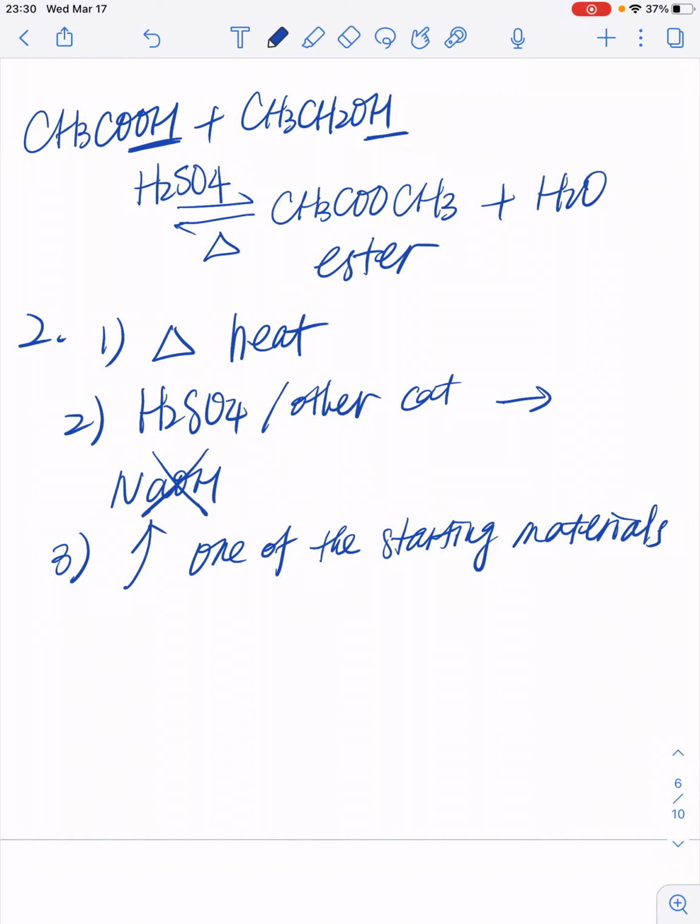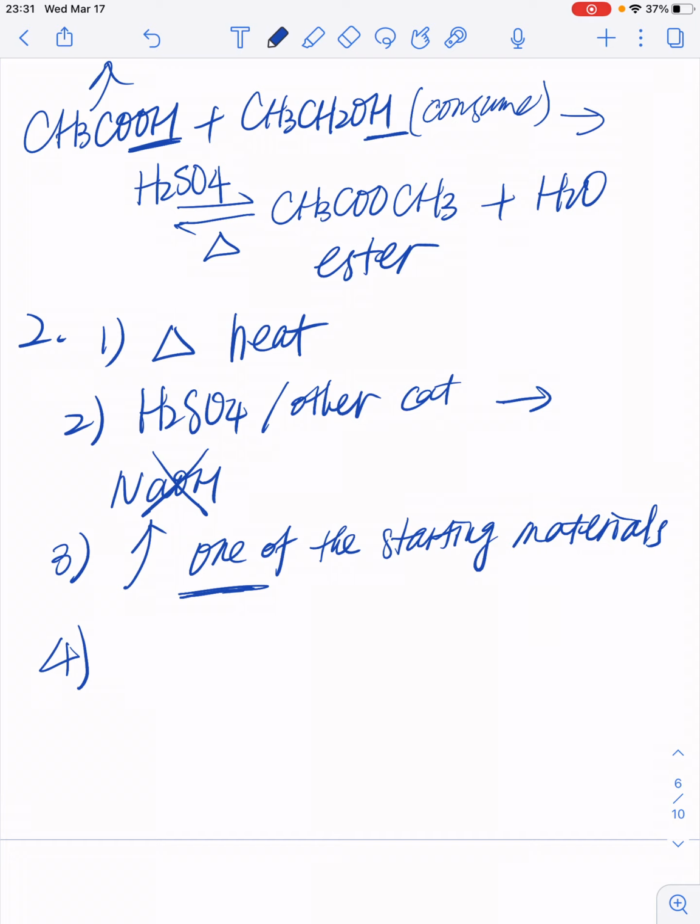However, if you only increase the ratio of acetic acid, then more of the ethanol will be consumed, right? Which will move the reaction towards the right to the formation of an ester. So you may only increase the ratio of one of the starting materials, not both.